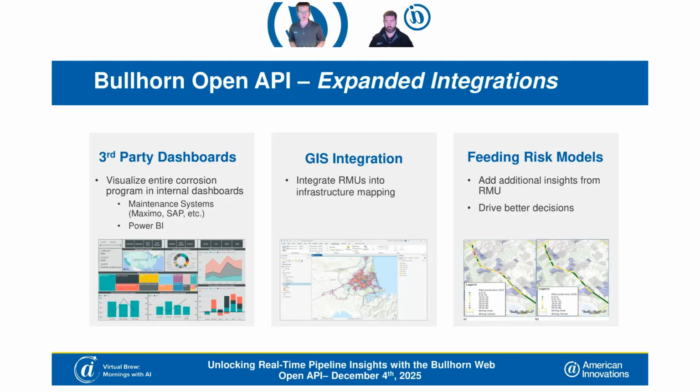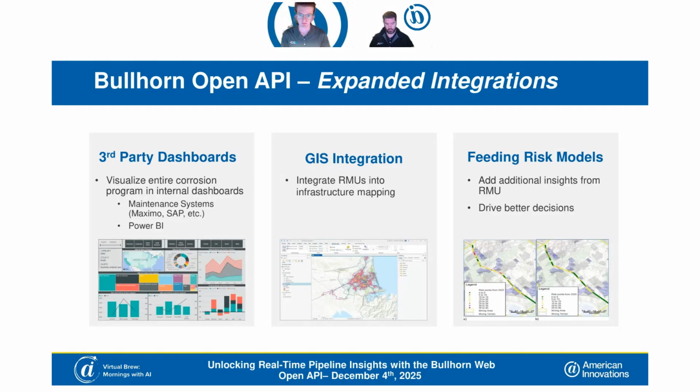Also looking at risk models. This has been very important. Remote monitors are a key tool when it comes to analyzing and troubleshooting your CP system and your pipeline infrastructure as a whole, and determining where you might have an area that needs to be addressed early, especially with regulation changes looking into proactive maintenance and proactive identification of areas to maintain.